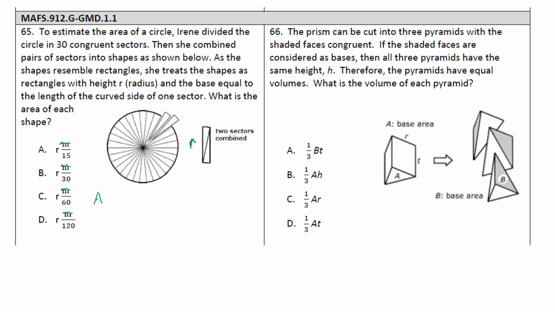So the arc length for this one, we already know it's 1 out of 30. And we're doing 2 pi r. So we get 2 out of 30, which is 1/15. Now, notice how they've actually multiplied it out.